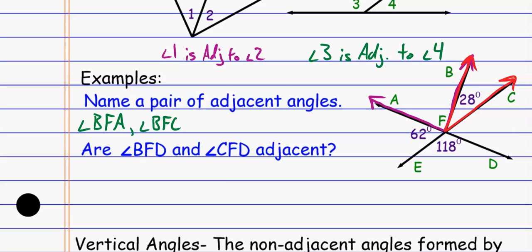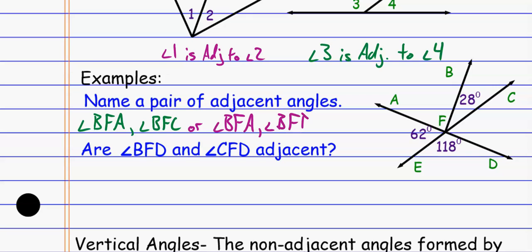For BFA, I could have also said something like BFD. That would have been an adjacent angle, again because they're next to each other, they share that side. There's lots of different versions of this that I could come up with, using the same angles even. Using that BFA, I could say something like angle BFD. Again, I forgot my angle symbol. Get your head in the game, Mr. Jansen.